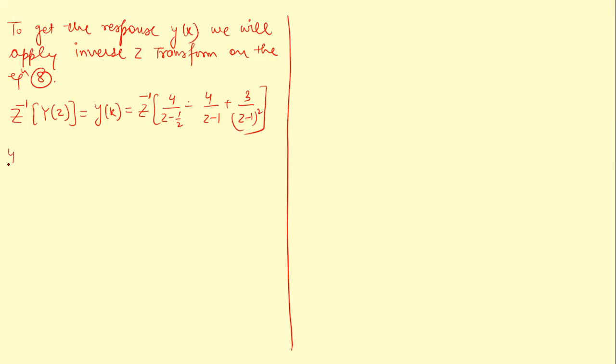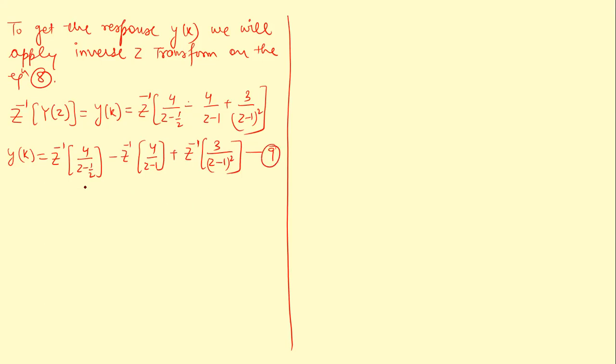So yk is equal to inverse z transform of 4 by z minus 1 by 2 minus inverse z transform of 4 by z minus 1 plus inverse z transform of 3 by z minus 1 whole square, right? So this is, let us say, equation number 9.